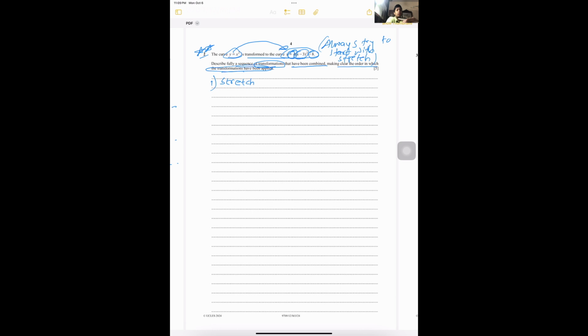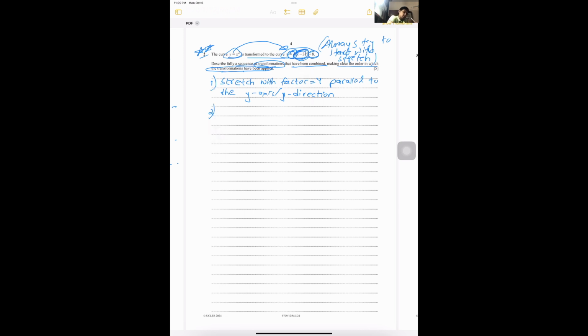Format matters a lot. So stretch with scale factor 4 parallel to the y-axis or y direction. Any one would work. So that is your number 1.